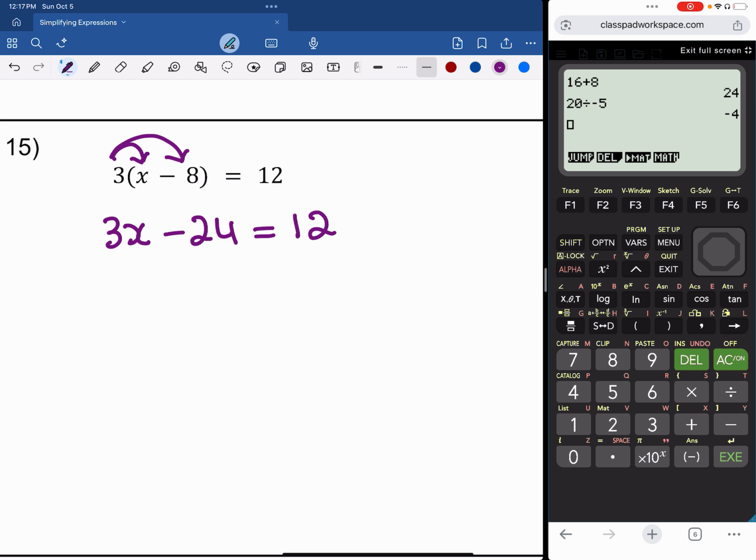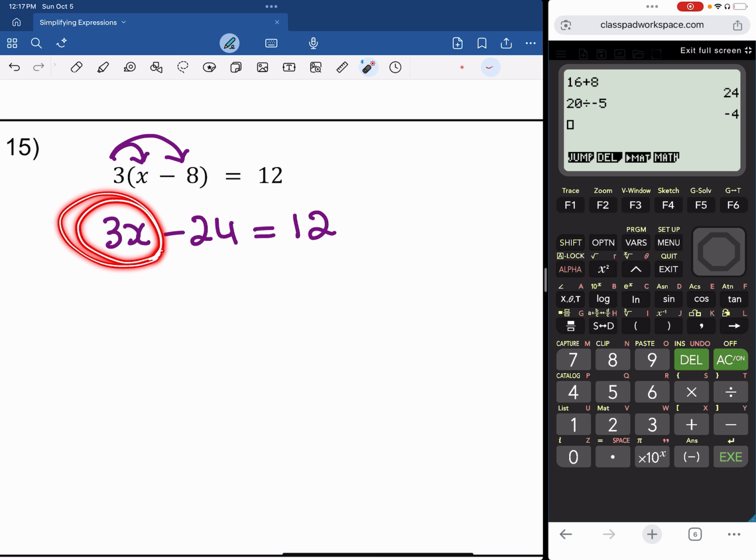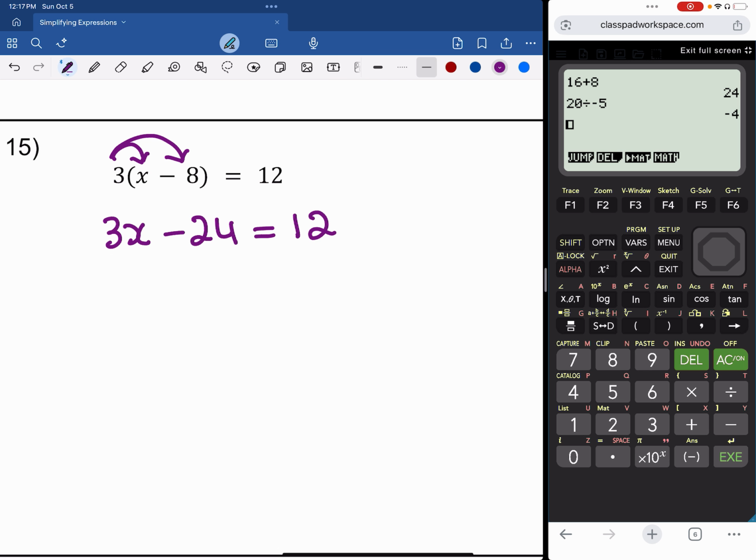So now I have the equation here. I need to get 3x by itself. So I need to move this negative 24 over to the other side. Remember, our goal is always to isolate the term with the variable, or to get that by itself. So I'm trying to get 3x by itself. To do that, I'm going to add 24 to both sides.